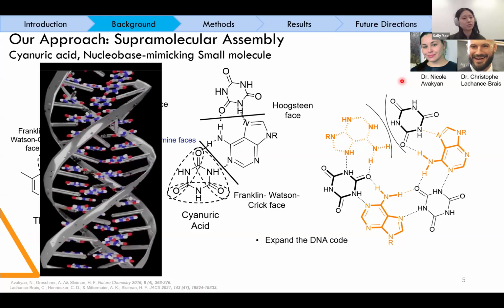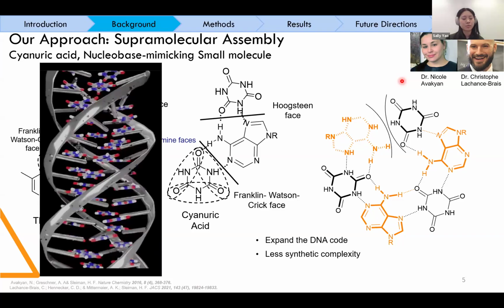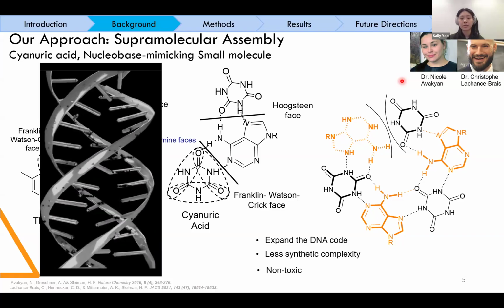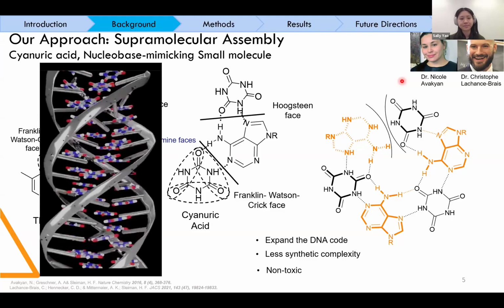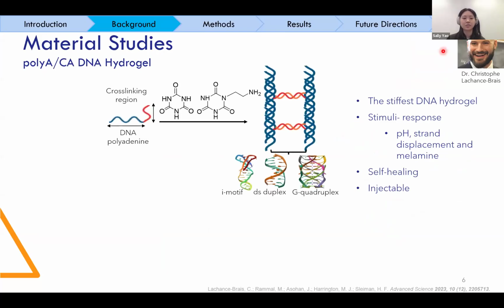What this research entails is that it expands the DNA code with minimal synthetic complexity, and the cyanuric acid small molecule itself and the structure are non-toxic. A previous member of our lab, Dr. Lachance, used this structure as a material to develop DNA hydrogels. He not only had polyadenines, but also cross-linking regions that encode for i-motif, duplex, or quadruplex.